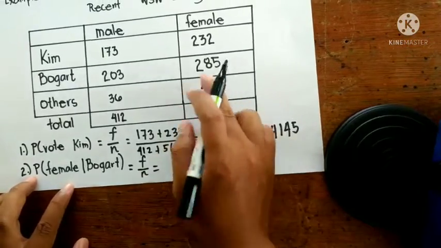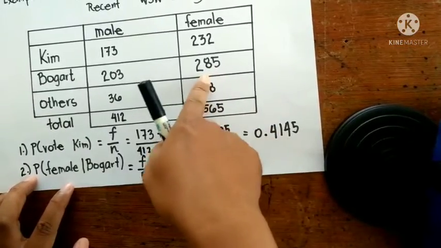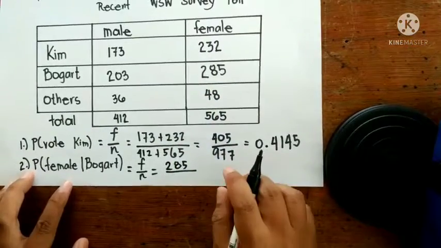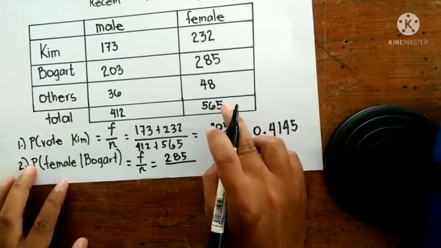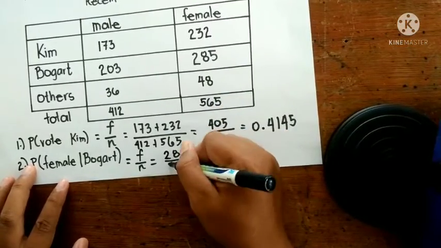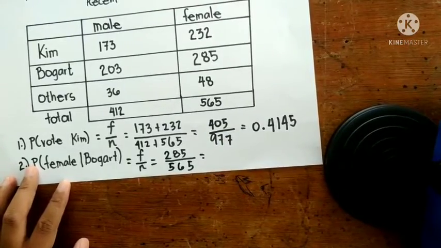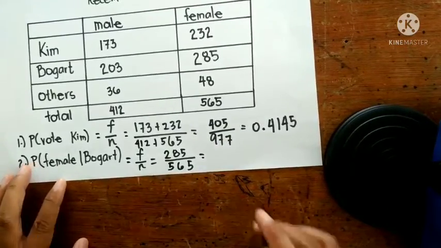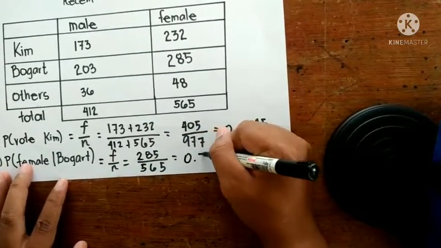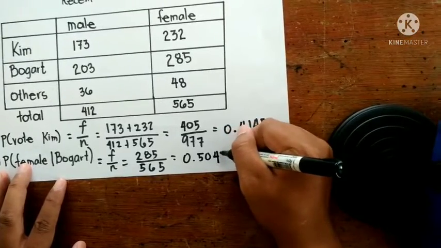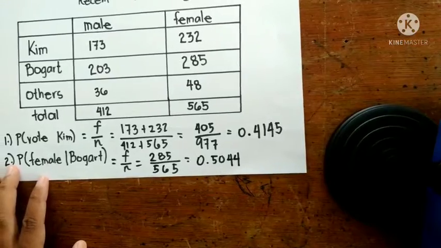For Bogart we have 285 voters, and the total number of female voters is 565. Which means the probability of the female voters voting for Bogart would be 0.5044.